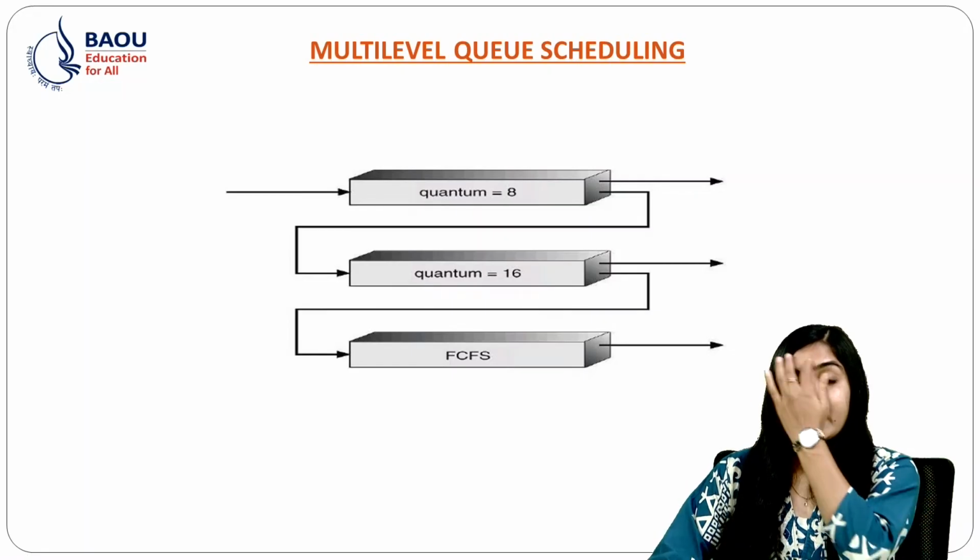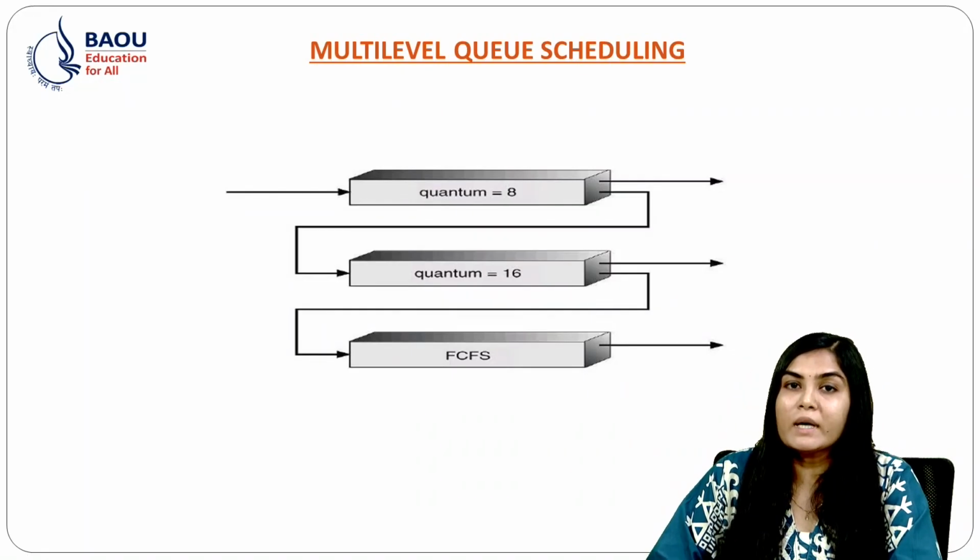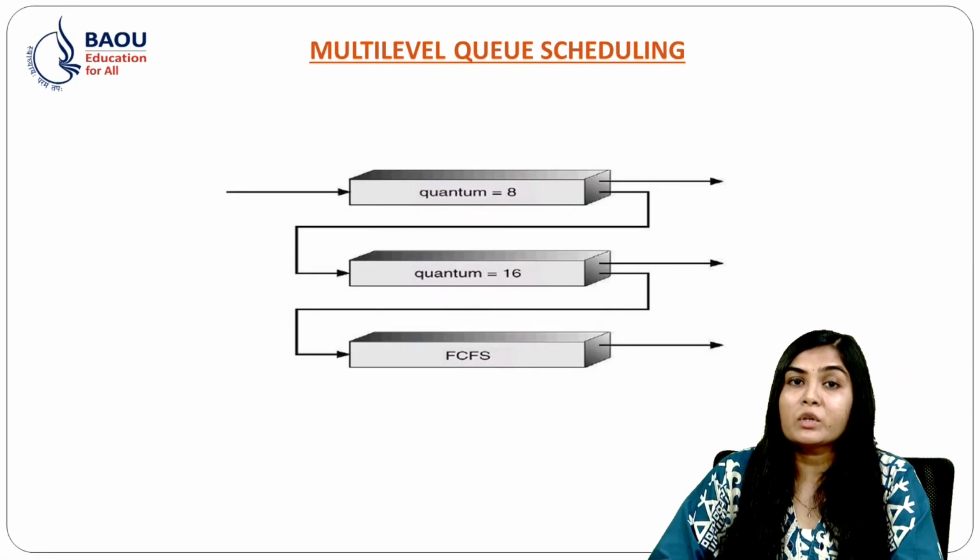Here you can see a MLFQ scheduler algorithm with three queues: Q0 with time quantum 8 milliseconds, Q1 with time quantum 16 milliseconds, and Q2 on FCFS basis, means first come first serve basis, only when queues Q0 and Q1 are empty. So a new job enters Q0, is served by FCFS and receives 8 milliseconds.